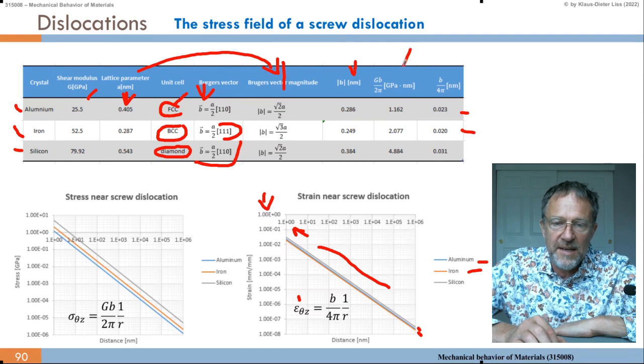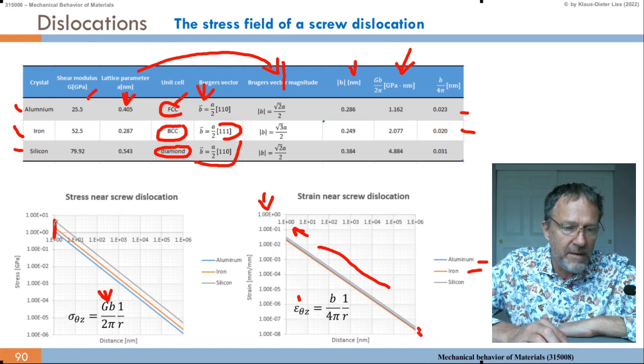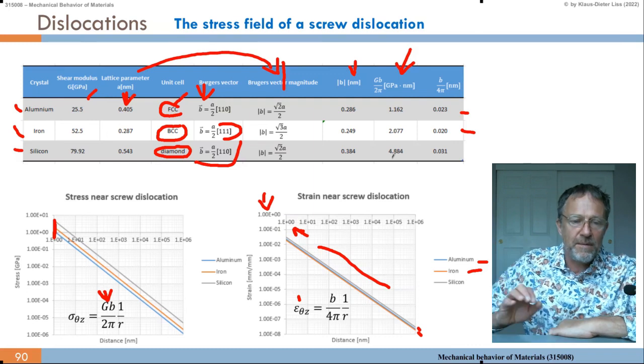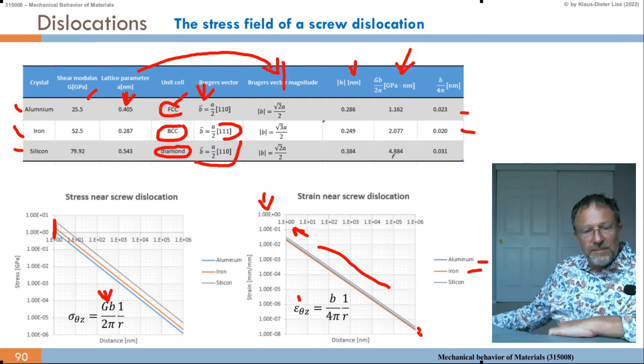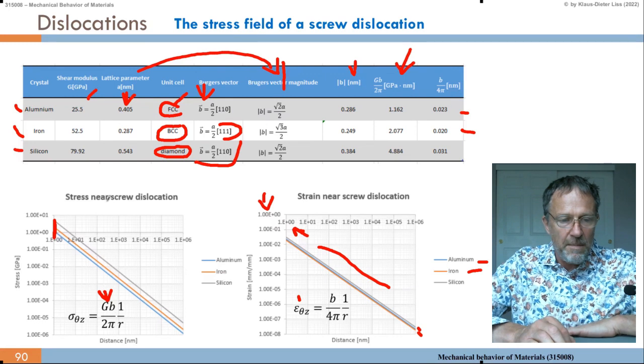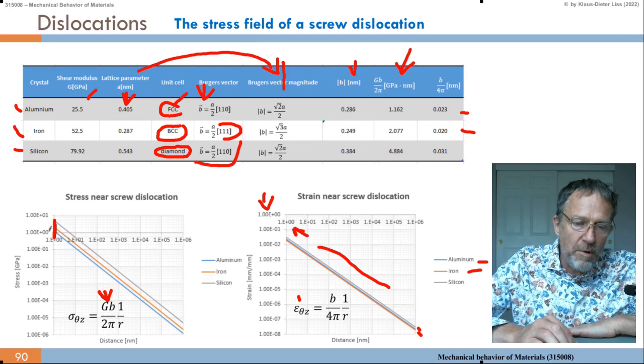Now putting the stresses, you use this, G b over 2 pi times 1 over r. You get those lines. So they're still distributed over half an order of magnitude, between 1 and 4, a little more than half an order of magnitude, but in the same order of magnitude.